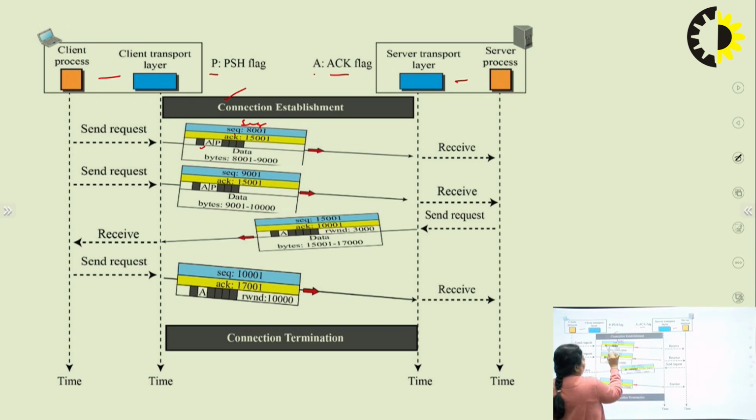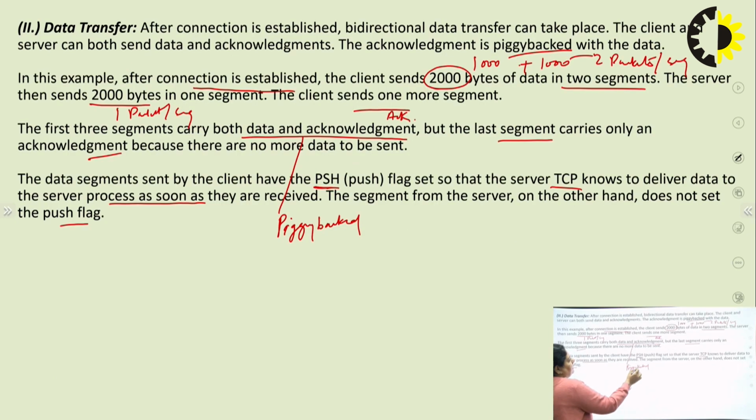The acknowledgement flag is set and the push flag is set because data needs to be transferred. So we need to push the data, and the push flag is set to 1. Now what is the data? It is carrying bytes 8001 to 9000, that is 1000 bytes, as we have discussed, it is sending two packets of 1000 bytes plus 1000 bytes.